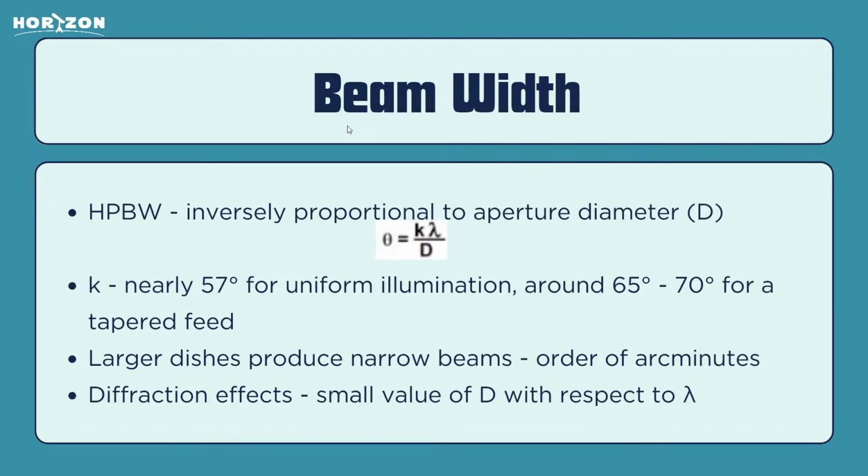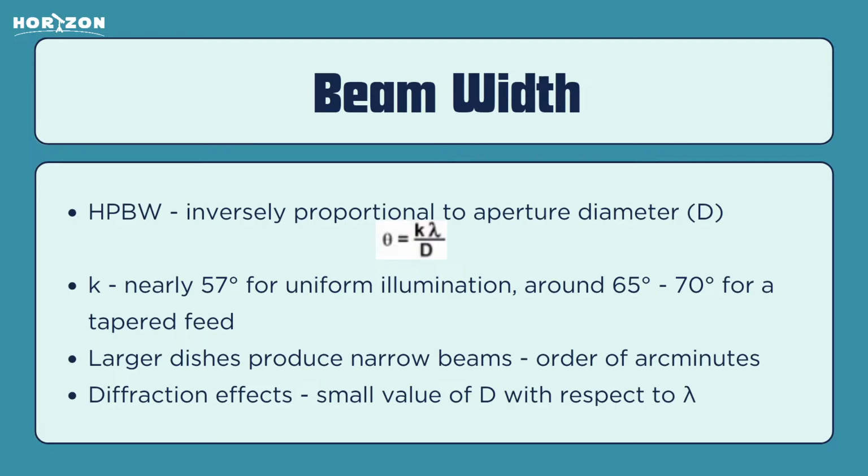The half power beamwidth is inversely proportional to the aperture diameter and is given by the expression shown on screen. As the diameter increases, the beam width decreases, which is consistent with the increase in gain.